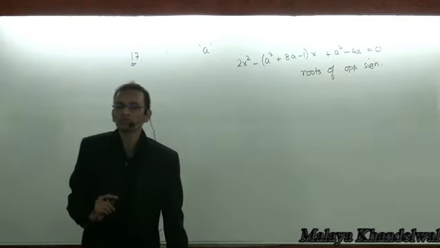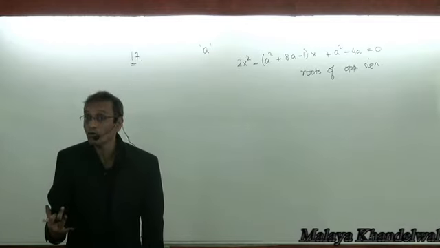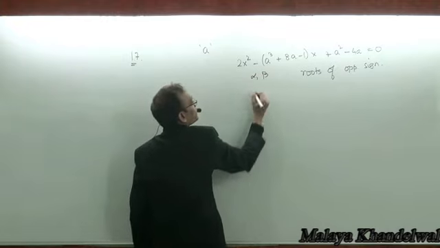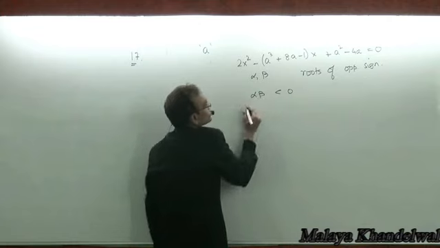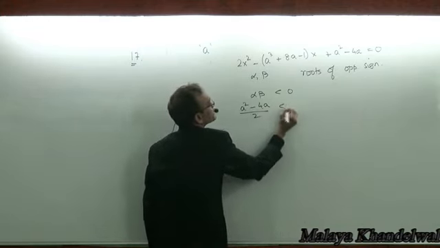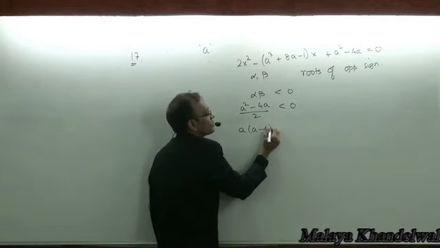If it has roots of opposite sign, means product of the roots must be less than 0. If alpha and beta are the roots, then the product of the roots must be less than 0. Product of the roots means a squared minus 4a by 2 must be less than 0. Or this will give me a into a minus 4 less than 0.